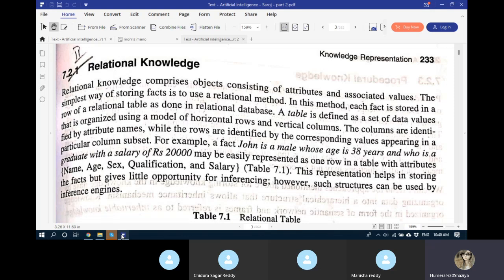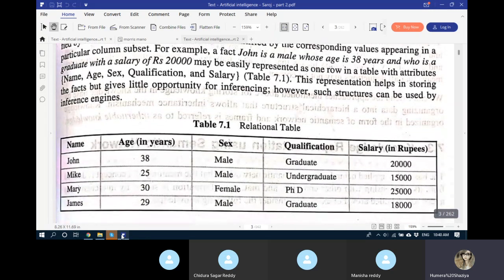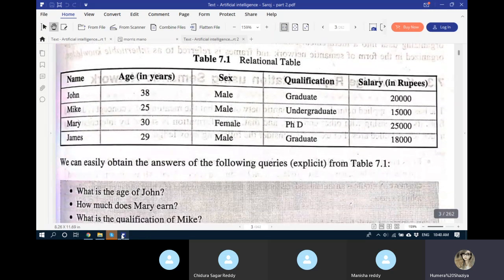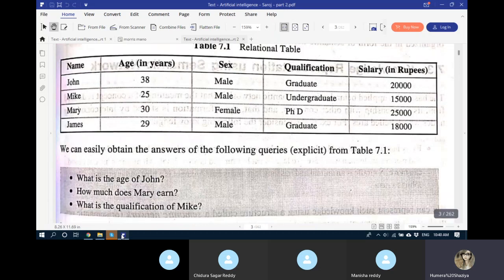When you have a database, please look at this relational table 7.1. This information is stored in the form of a relation, and if you remember, you can use SQL queries in order to retrieve some information from this table.